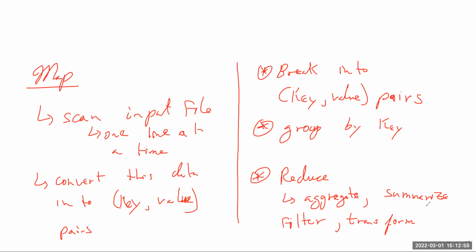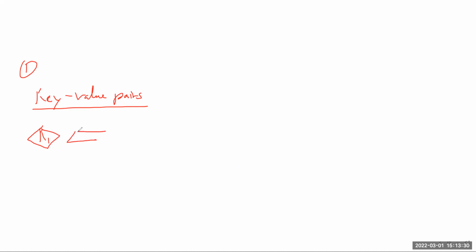So let's think about this here. First you do key value pairs. So you have key 1 and then V, the value, and then key 2, whether it's just 1 or something, right? You have this association.